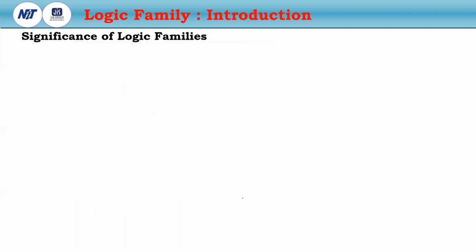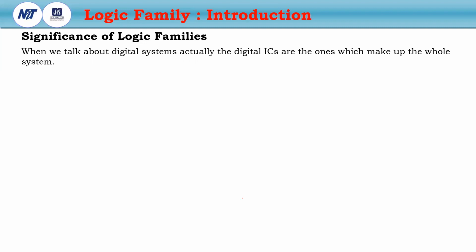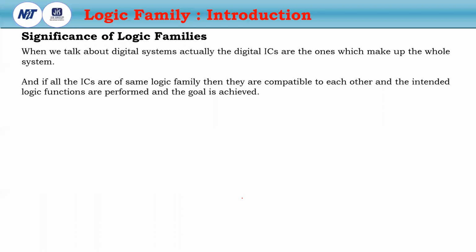Now, what is the significance of the logic families? When we talk about digital systems, actually the digital ICs are the ones which make up the whole system. If we want to make a system, then we use different types of digital ICs with some interconnections.